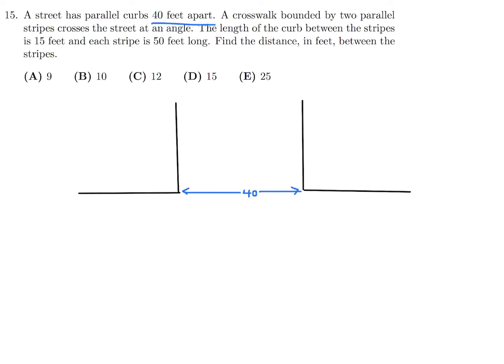From there to there. And then what's the next part of the question? They're saying that a crosswalk bounded by 2 parallel stripes crosses the street at an angle. So something like this. 2 parallel stripes. So something like that.